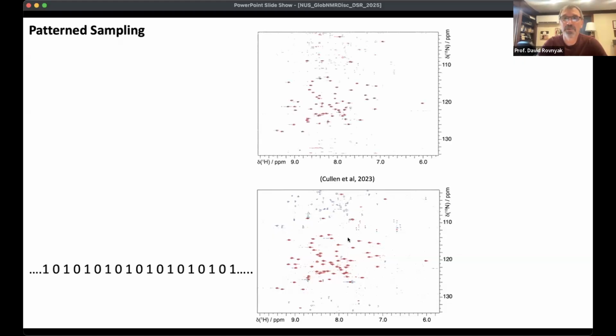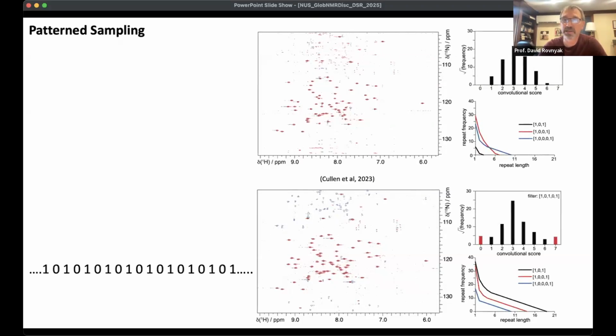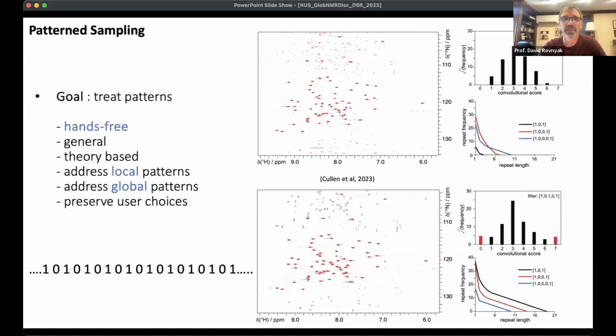And if we just go through and break up that pattern, we nearly eliminate those alias peaks. They're present as artifactual noise-like appearance right now. And we generated some metrics of decoherence that you can see here to help grade that. And so we started to really come to believe that treating pattern sampling is something that should be done intentionally.